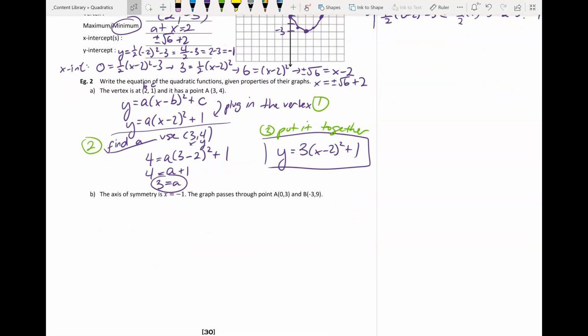Let's do another example, but we're given a different type of information. So for this one, we're given the axis of symmetry. The only thing I can really plug in right away then is the B value. And if I simplify that, this is going to be x plus 1 squared.